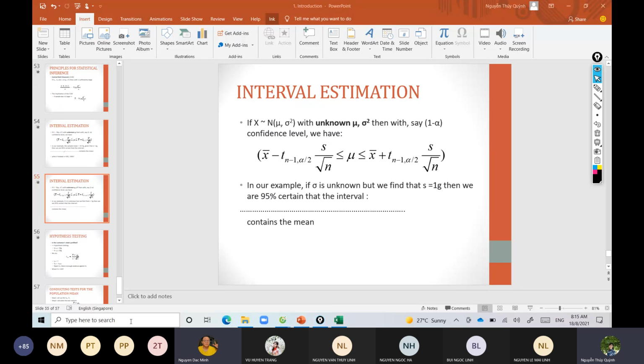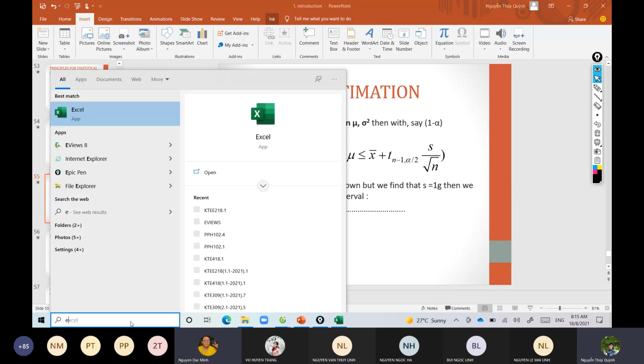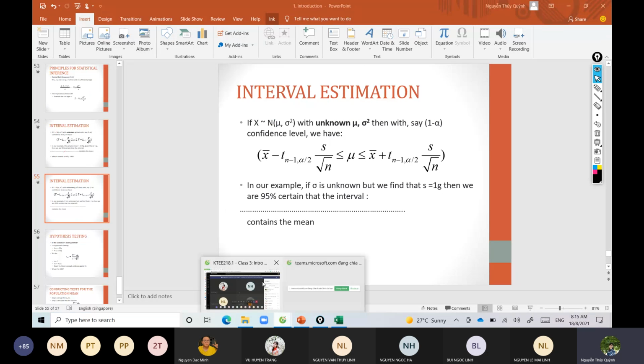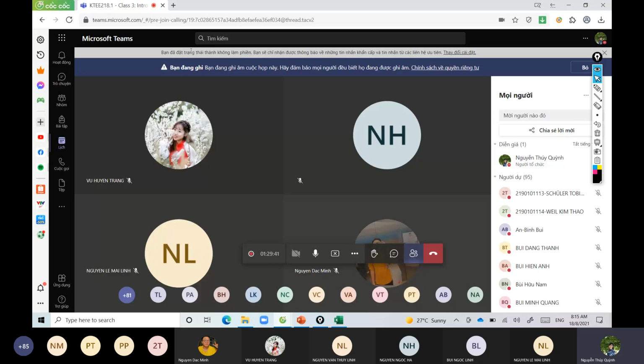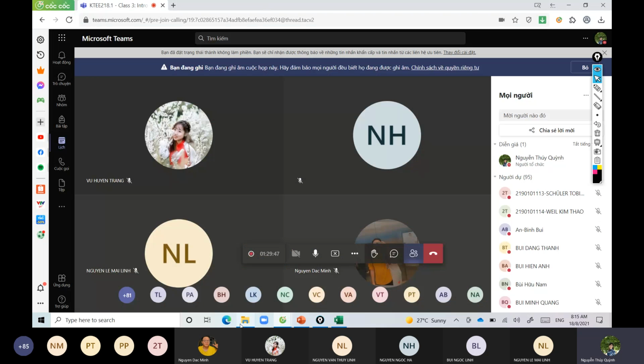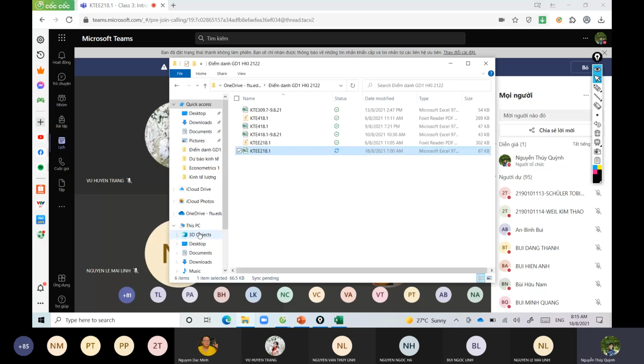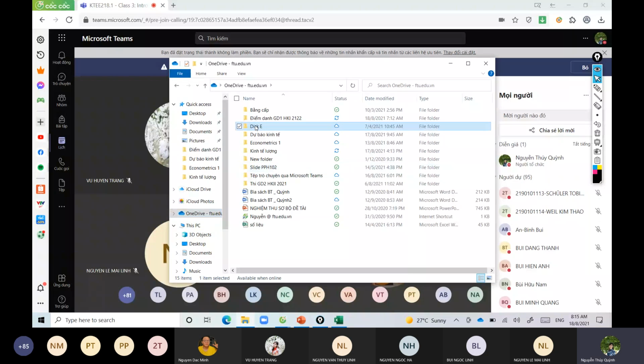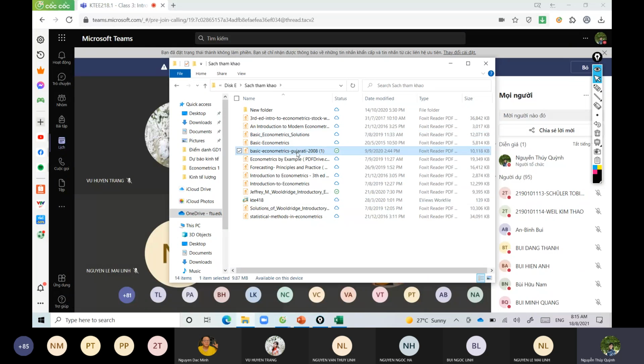You can use the t table. For example, let me try to find this. Oh, we have it in the textbook.